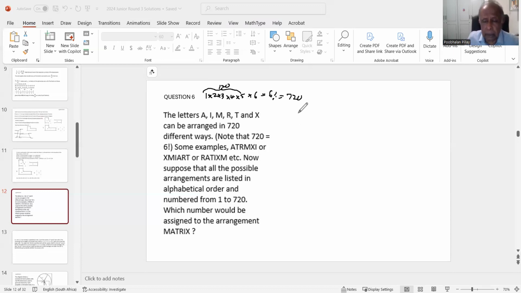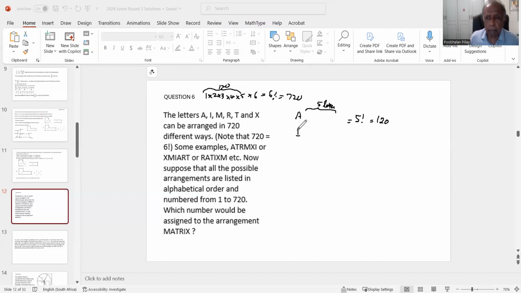So let's see. You're going to start with A, and you're going to write down all the possible arrangements starting with A, and there are 5 symbols here. If you work out all the possible arrangements with A, you're going to get 5 factorial. A is in front, and these 5 can be arranged in 5 factorial ways. And that's 120. Okay, so once you finish all the A's, you get to the next letter of the alphabet here.